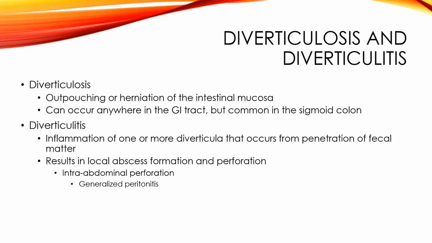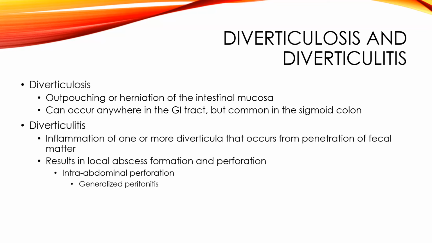When that becomes inflamed, you have diverticulosis, and then diverticulitis is where the lining has these little pouches all along the entire tract, and when things get stuck in there, it causes an inflammation of the diverticuli. This can result in abscess formation or perforation.